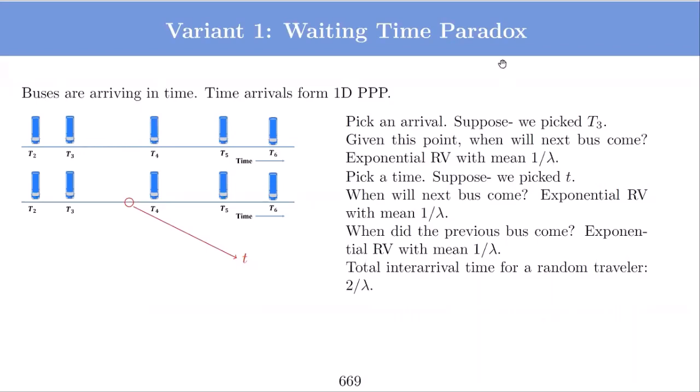So suppose lambda is 1 by 5, which means you would expect one bus each 5 minutes. So in 1 hour, you will expect a mean number of around 12 buses coming. So the mean time of waiting would be, if you get down from one bus at the bus stand and you wait, the next bus will come after 5 minutes, right?